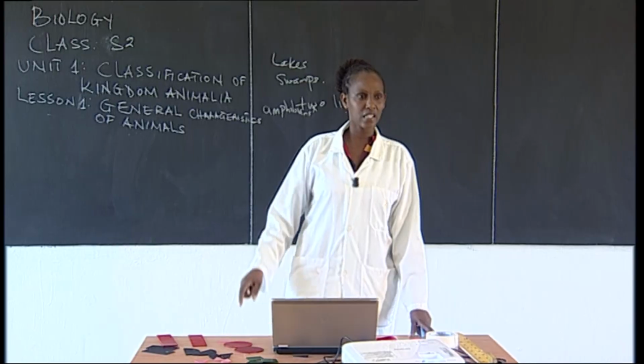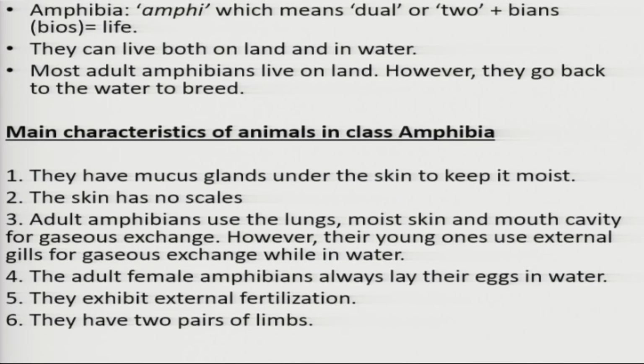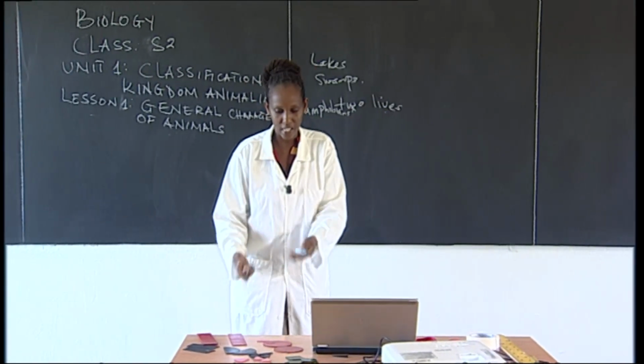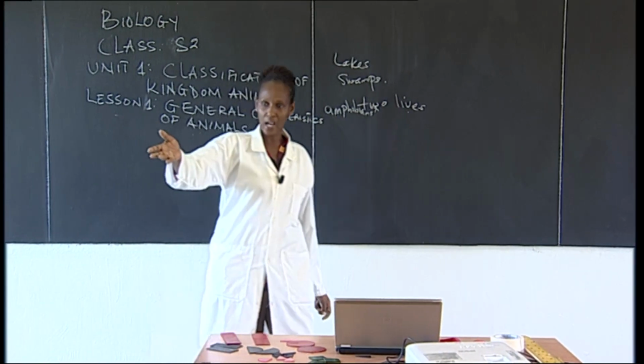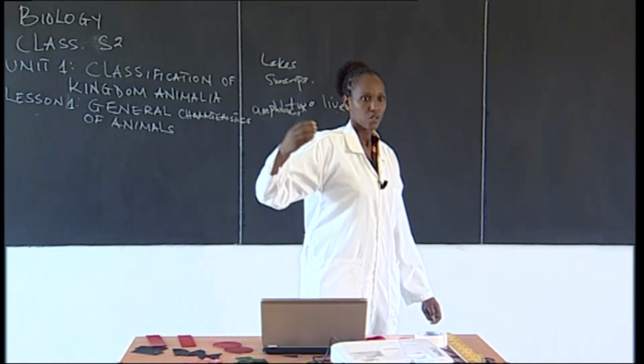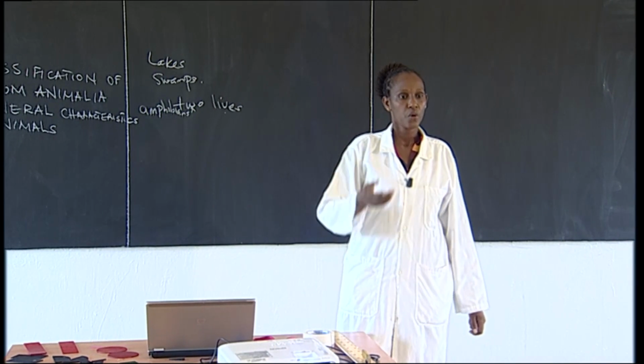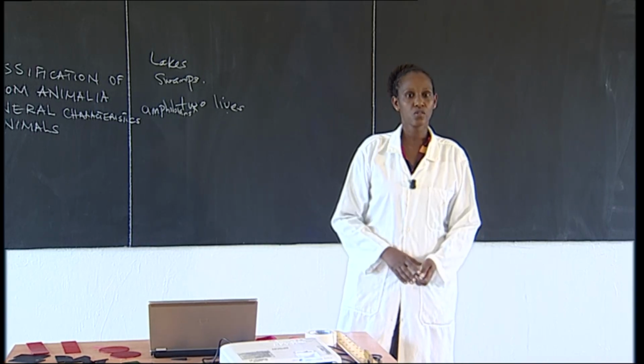The main characteristics of class Amphibia. I think I told you that when we are classifying or grouping things, we mostly look at the external structure. So you can try to tell me, those who have seen the frog, what you saw on the frog.